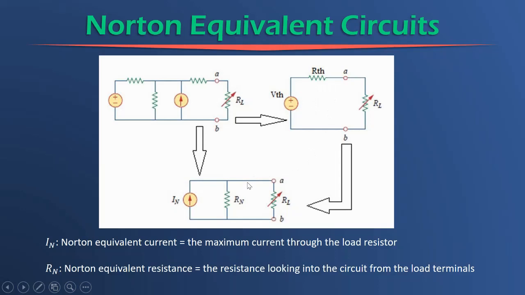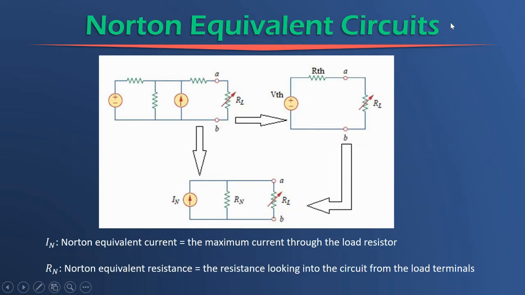If we take a look at the transformation from the Thévenin equivalent circuit to the Norton equivalent circuit, there are a couple of deductions that we can make. First of all, one should be able to see that this circuit is equivalent to this circuit. So the Thévenin equivalent circuit is equivalent to the Norton equivalent circuit, and you can prove this through source transformation. The voltage source in series with a resistor can be transformed to a current source in parallel with the same value resistor. So what does that tell us about Rn and Rth?